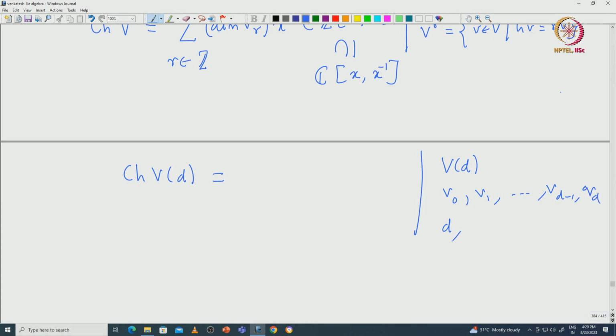The corresponding H eigenvalues are: V naught will have D, V1 will have D minus 2 and so on, minus D plus 2, and then minus D.